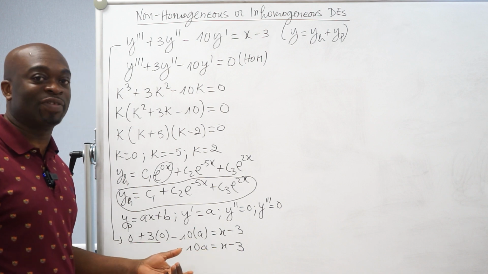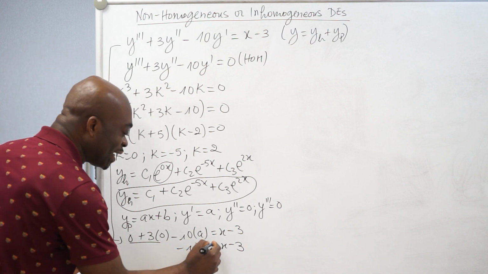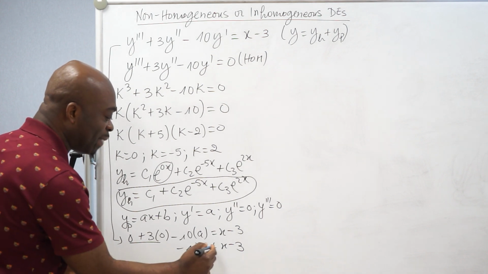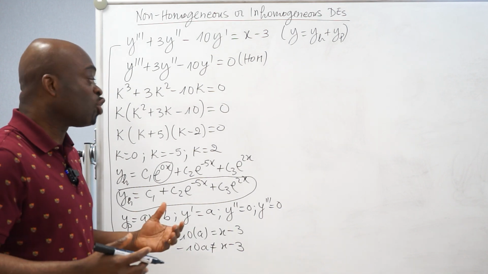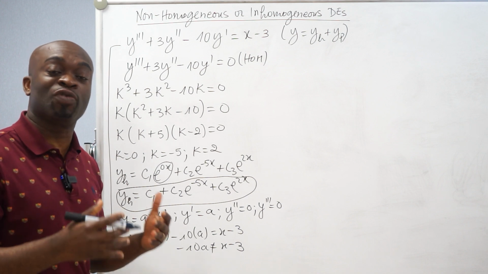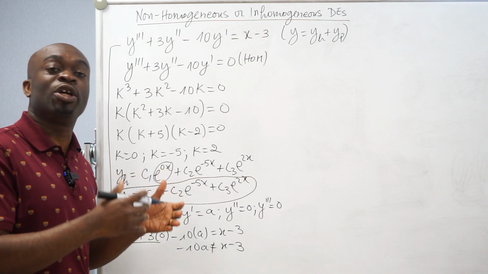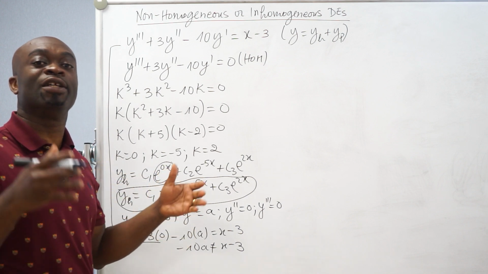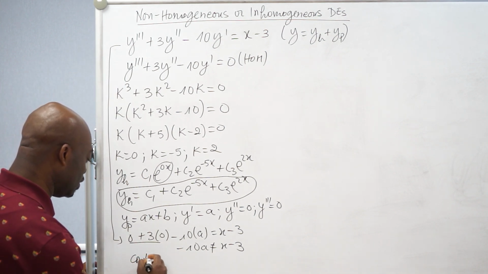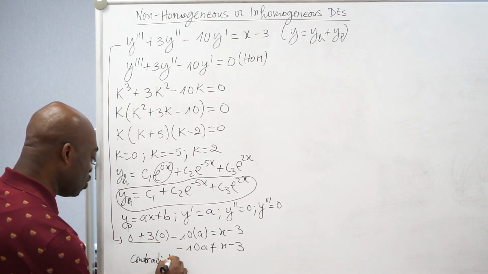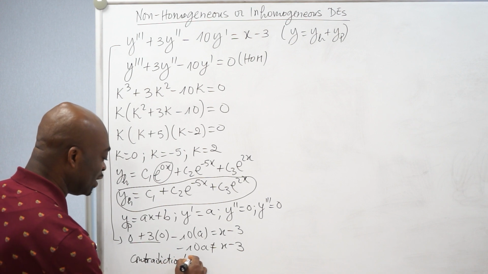Can we get a number out of this one? No. So negative 10A can never be equal to x - 3. So we have a contradiction here. Because we have a contradiction, we go with resonance. That means we are in resonance.